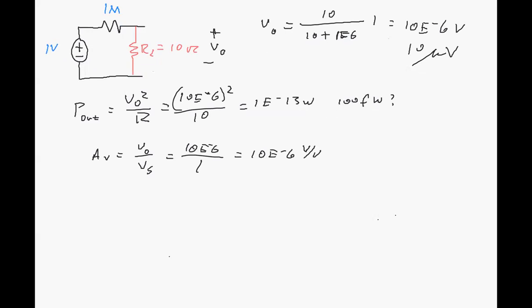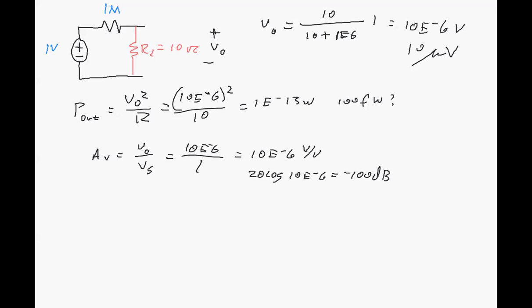And 20 log of 10 to the minus 6 is minus 100 dB. And if you have worked with RF systems that use dB, then that might sound like a pretty big problem. Minus 100 dB. We're a long ways below where we started with. We've lost a huge amount.